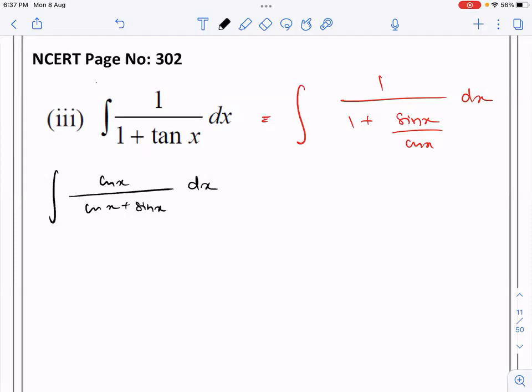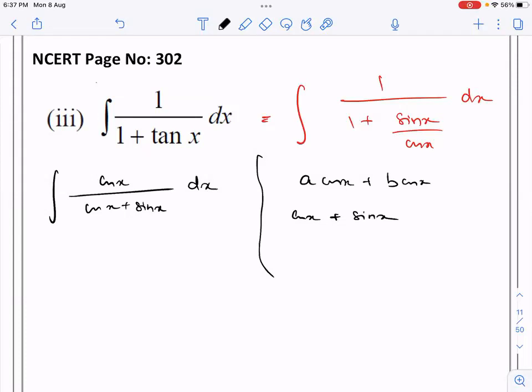I'll share an idea here. Observe. Generally, whenever you have a sum of sine and cos, there are different kinds of formats that you can observe. If I say a cos x plus b sin x, the patterns you can find are cos x plus sin x, and the same is the case with minus also.